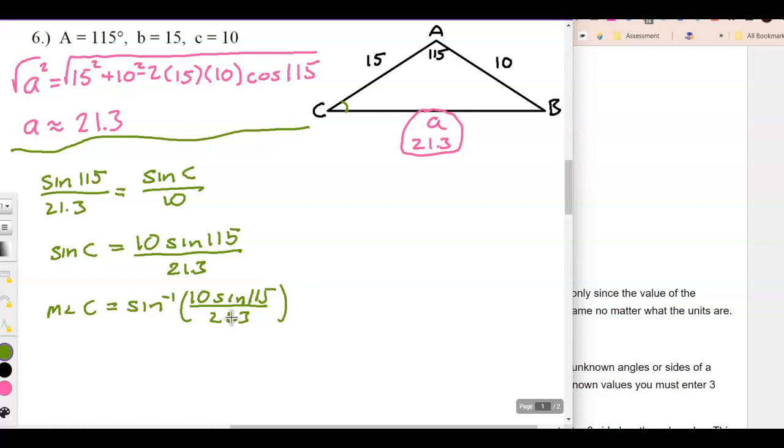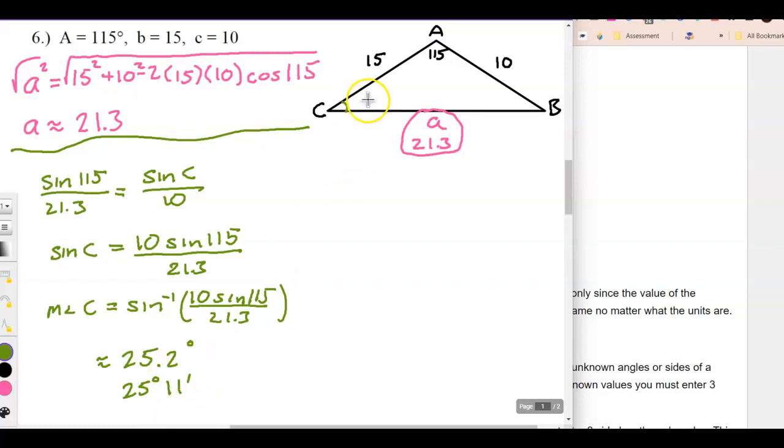Alright, so we got 25.2 degrees, which is going to be 25 degrees and 20% of an hour. You can say minus the 25 times the 60, we'll have about 11 minutes.